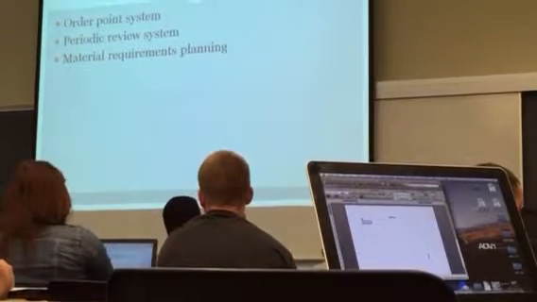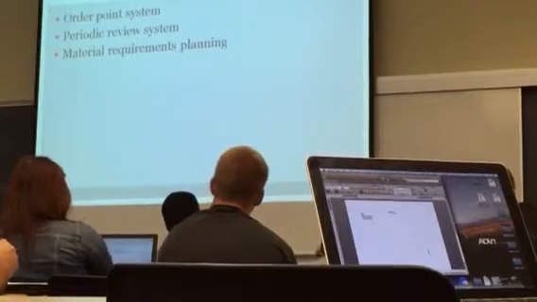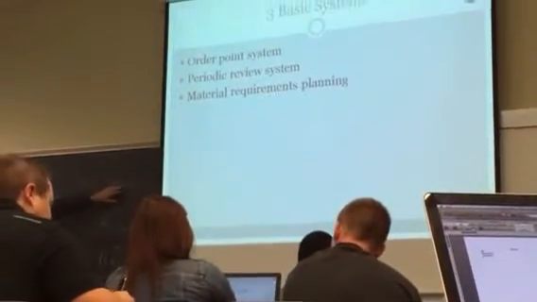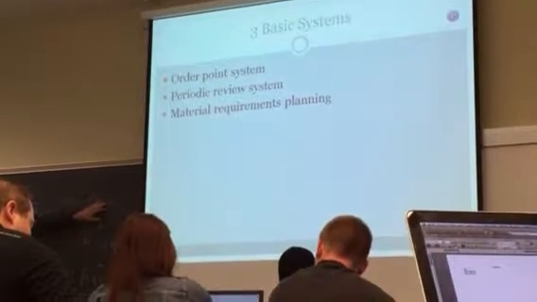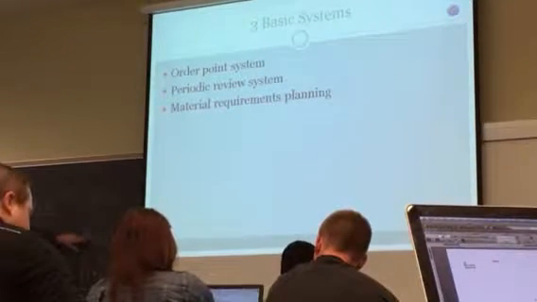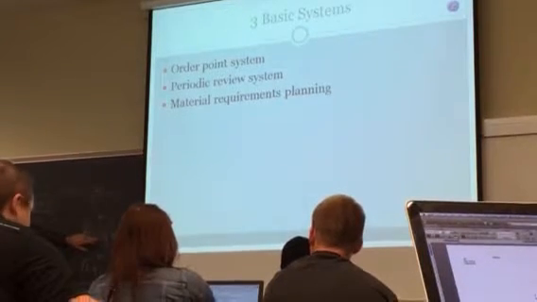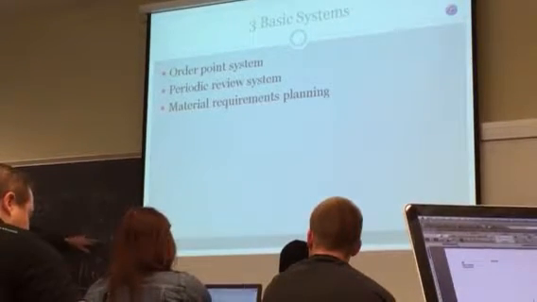The formula should make sense. Order quantity divided by 2, so my average inventory times I times C is my annual carrying cost. Annual demand divided by the EOQ, times I.